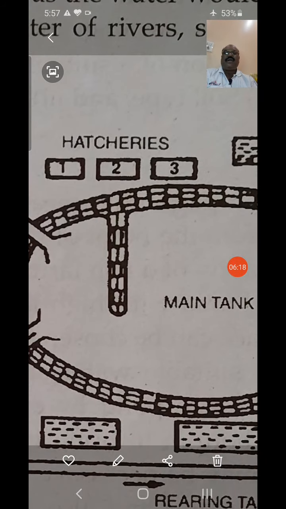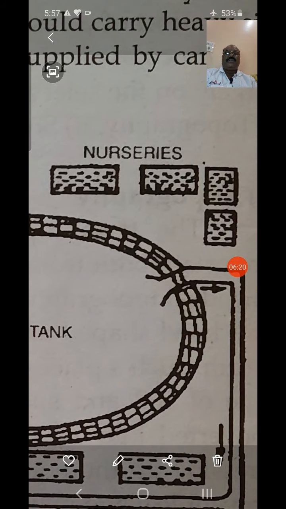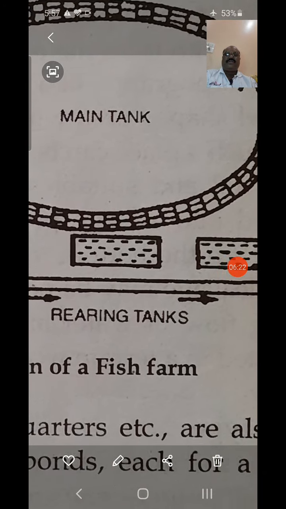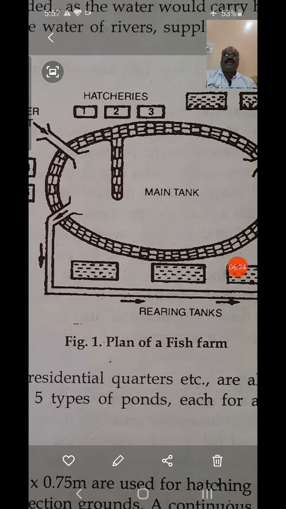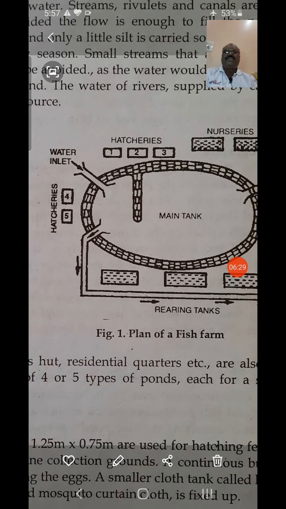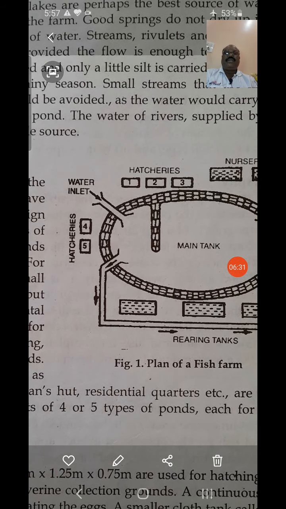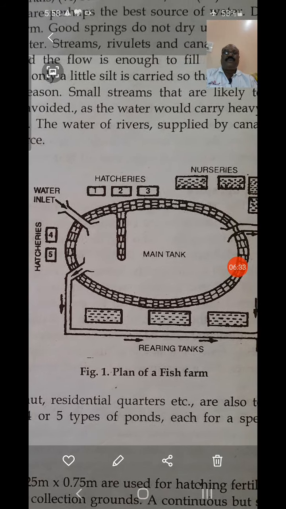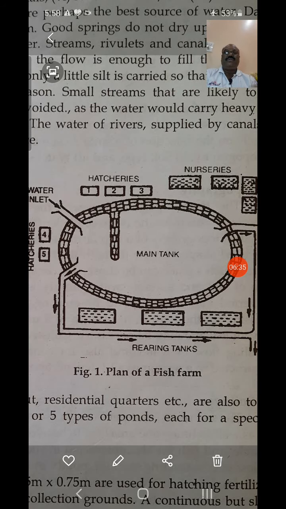See the hatcheries, then nurseries, then rearing ponds, and then stocking ponds. So here on the screen you can see the water inlet is there. So this is the main tank. Here it gets filled with water, and then this water we get for our fish ponds.